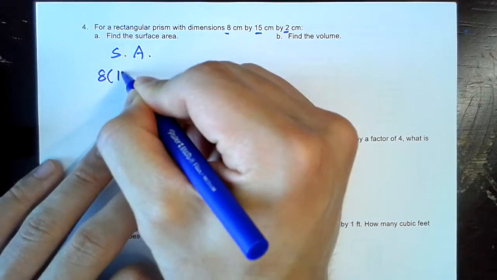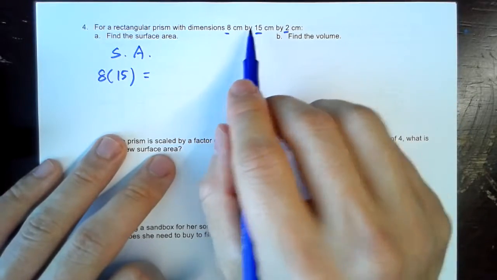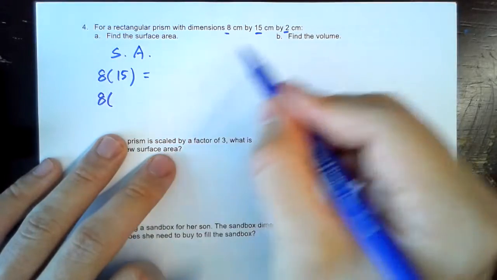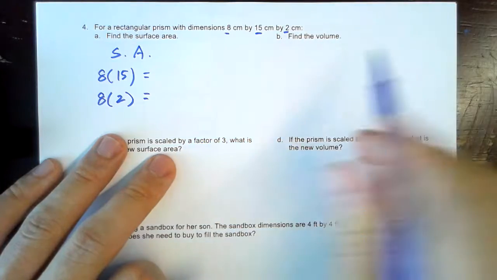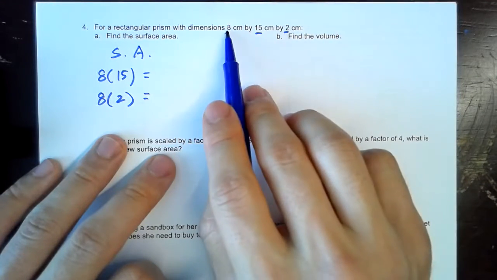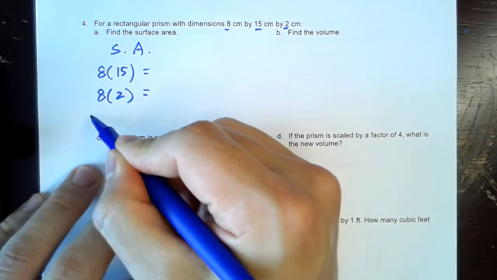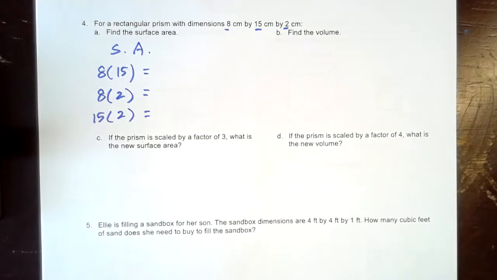The first combination is going to be 8 times 15. These are the 2 first numbers that are given. I then am going to do 8 times 2. That's another different panel. So you see 8 times 15, 8 times 2, and then the third pair left inevitably has to be 15 times 2.